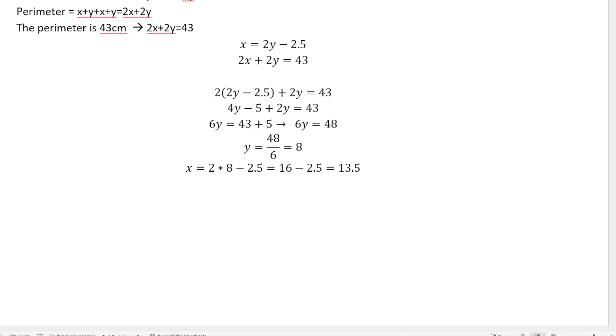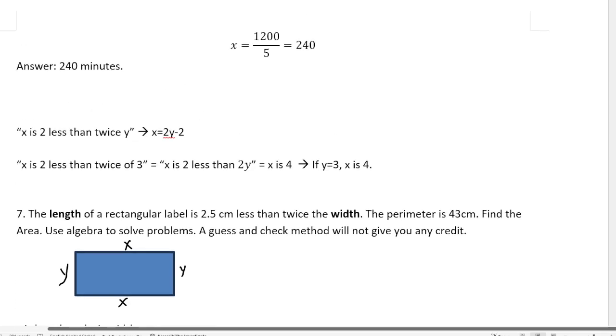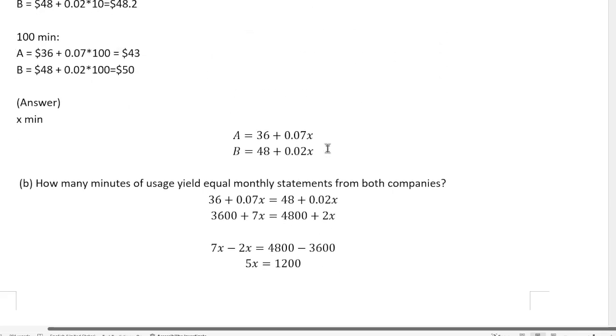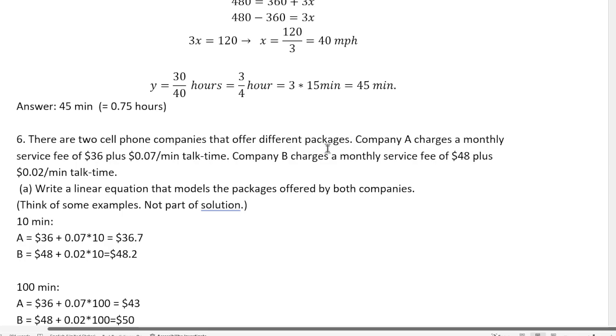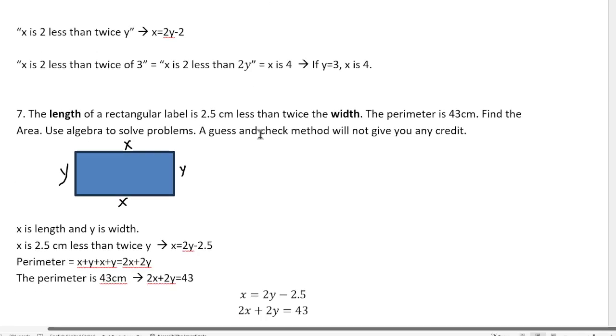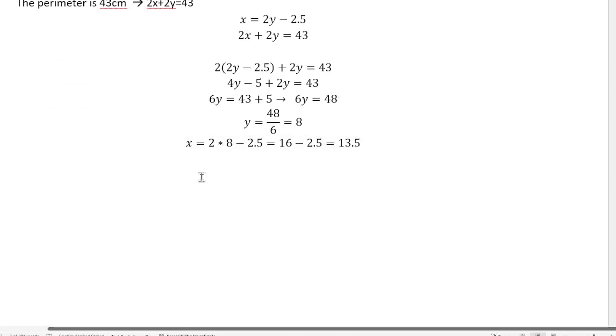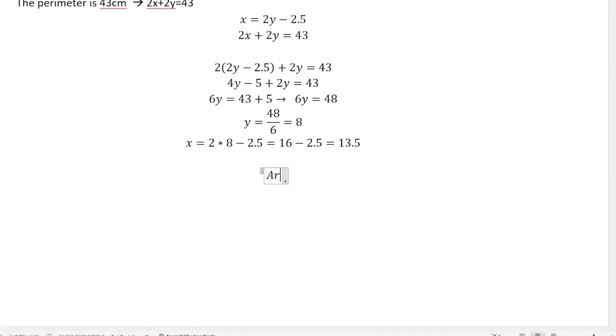Okay, and now what do we have? Oh, this previous one. The question is find the area, right? Find the area. So now you have to find the area. Area is base times height, or length times width. So you have to multiply those two.